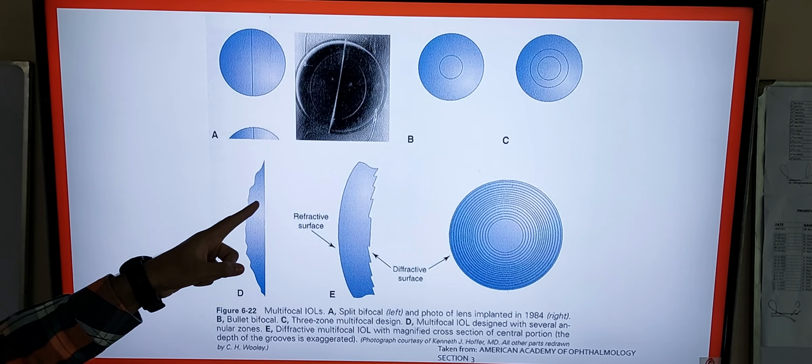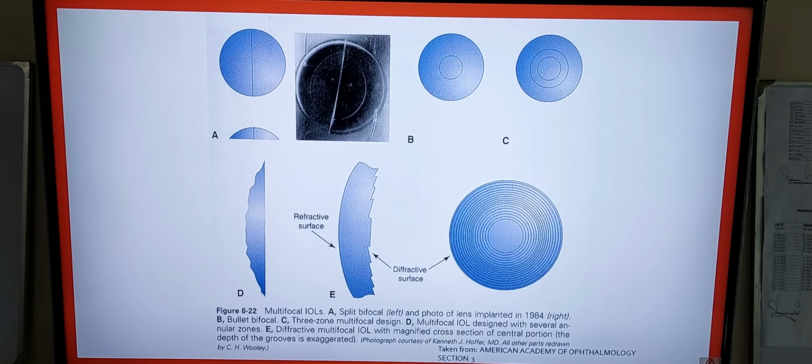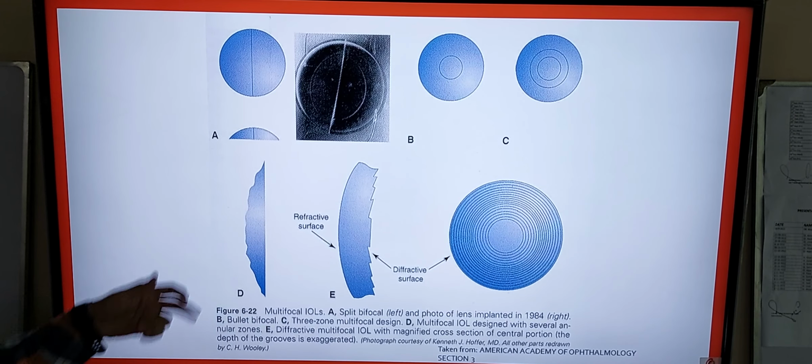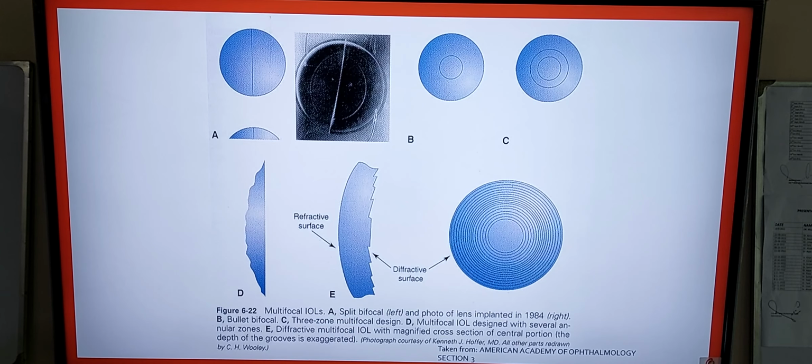The central zone is used for near vision as the pupil constricts in case of convergence, while the zone outer to it and the most exterior zone are used for far vision. This is a multifocal intraocular lens with several annular zones, and multiple images are formed along its surface.